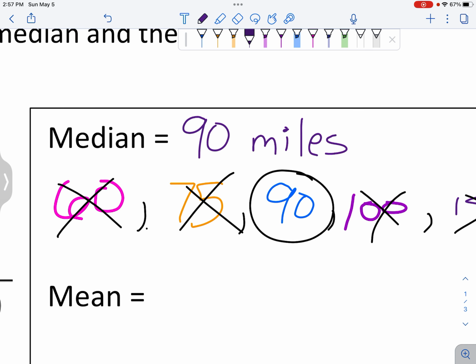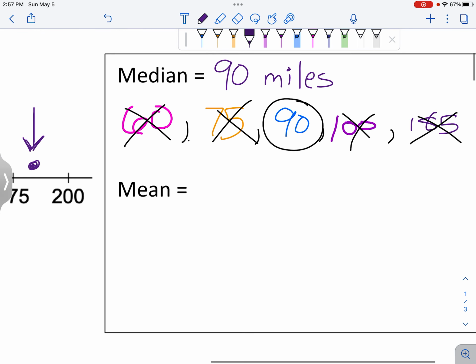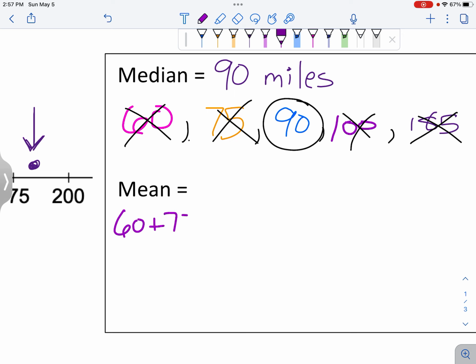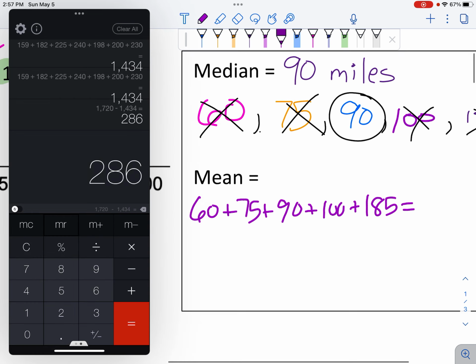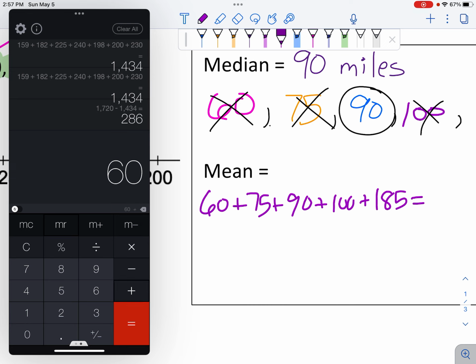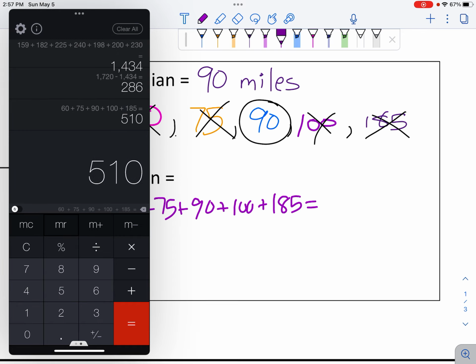And for the mean, we're going to add those numbers together. 60 plus 75 plus 90 plus 100 plus 185 is 510.